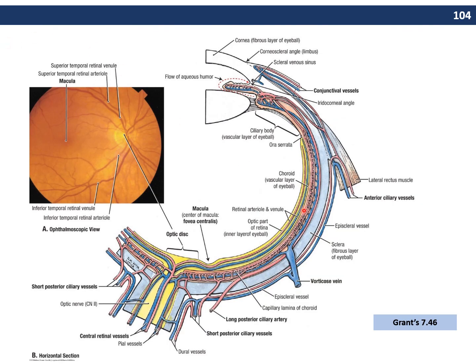What I like about this image is that you can really appreciate the extensive arterial and venous layers of vessels in this middle tunic of the eye, this choroid layer of the eye. Here again are these vortex or verticose veins.